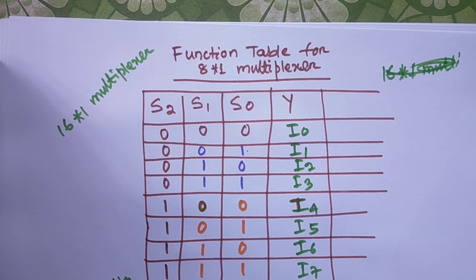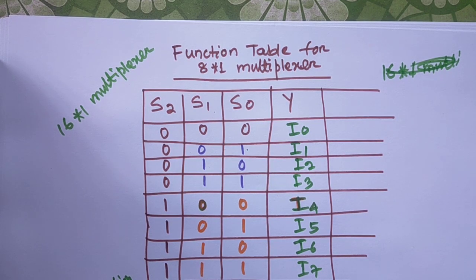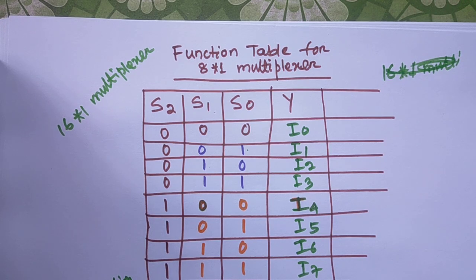That question I give to you. Think about this and find the solution: implement a 16-1 multiplexer with the help of 8-1, 4-1 or 2-1 multiplexers, and find its corresponding solution.